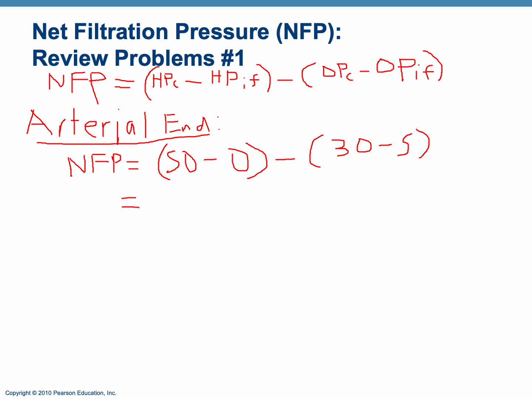So 50 minus 0 is 50. 30 minus 5, 25. And then 50 minus 25, your final answer should be positive 25 millimeters of mercury.